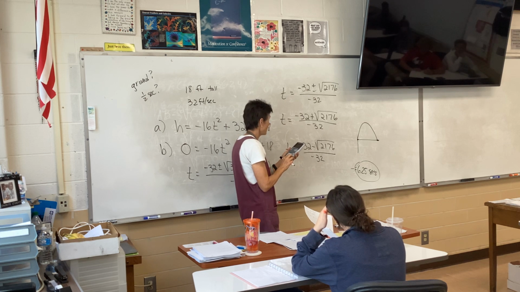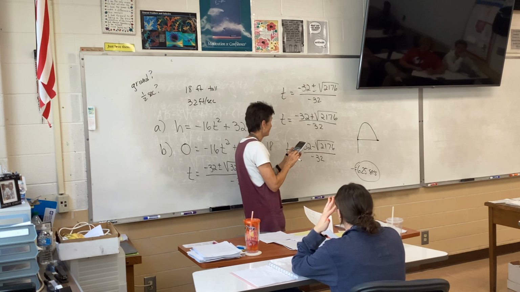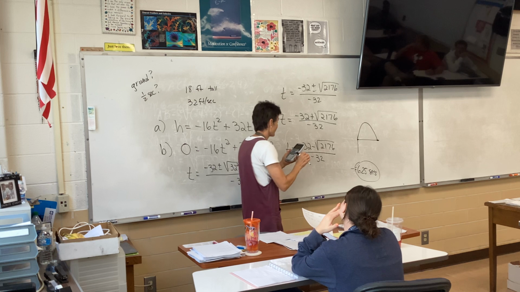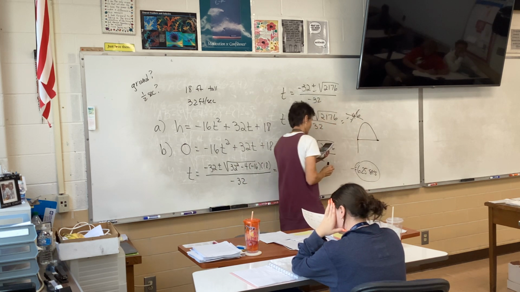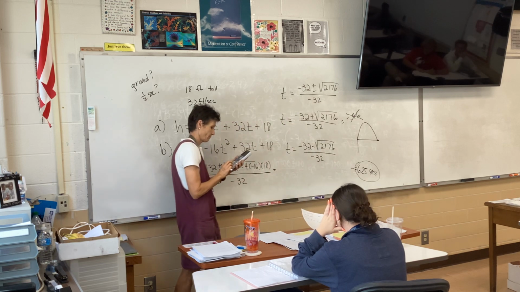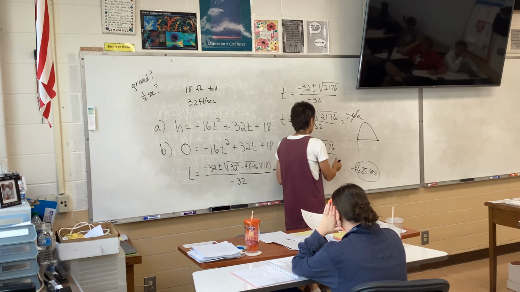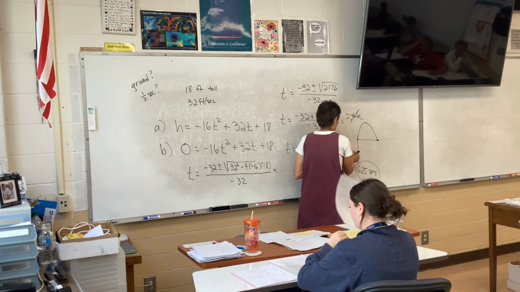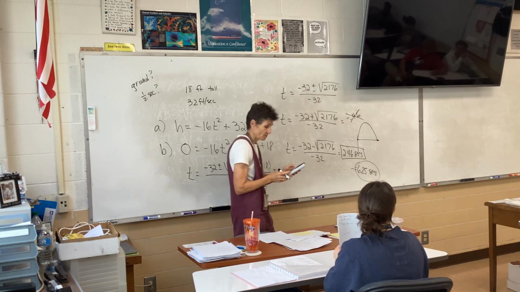Negative 32 plus the square root of 2176 equals, always end in equals, and then divided by negative 32. Uh-oh, negative 0.46. And for this one, I got 2.46. So that one, I'm assuming I typed it in right, but that would be my answer.